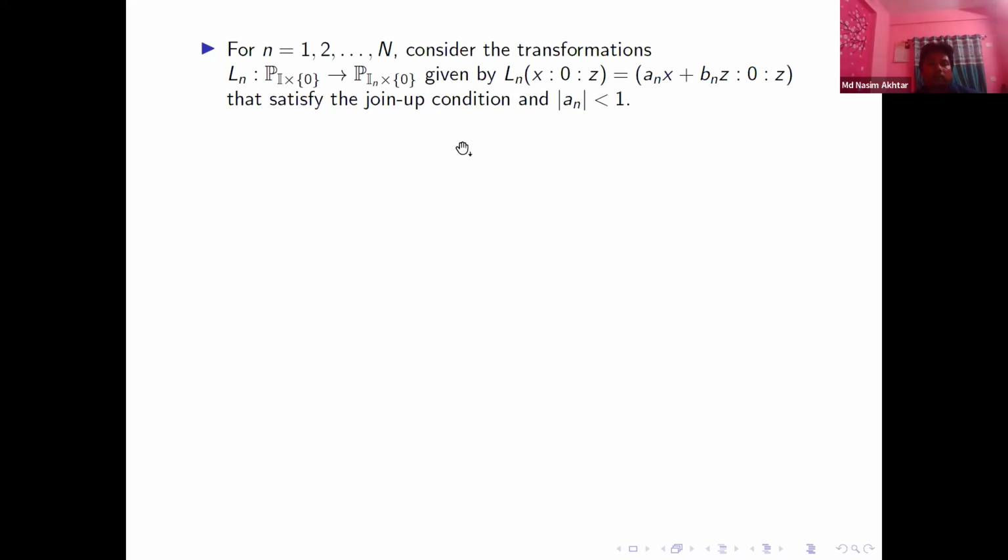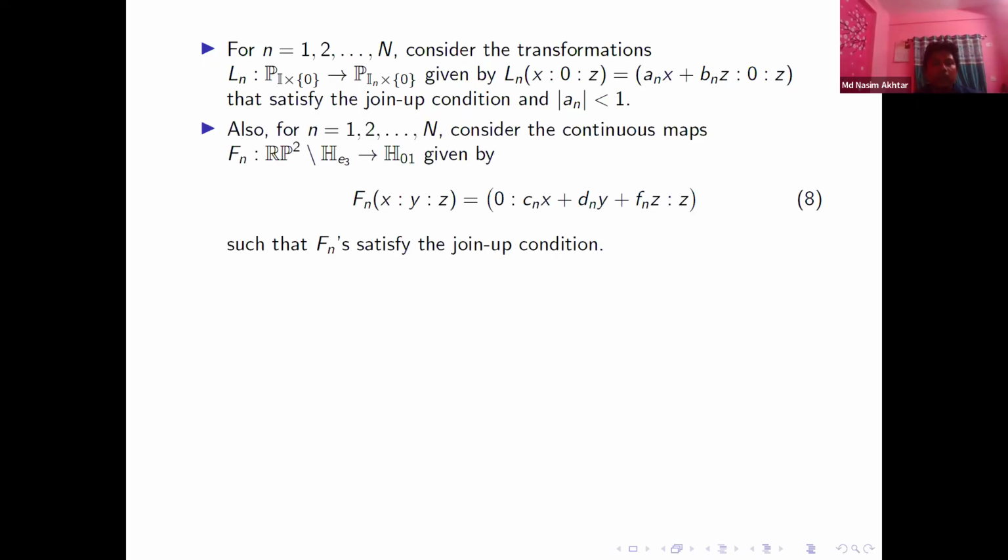Now let the transformation Ln from π cross 0 to πn cross 0 be given by Ln[x:0:z] = [an x + bn z : 0 : z], which satisfies the join-up condition, and |an| is less than 1, that's similar to the Euclidean setting.